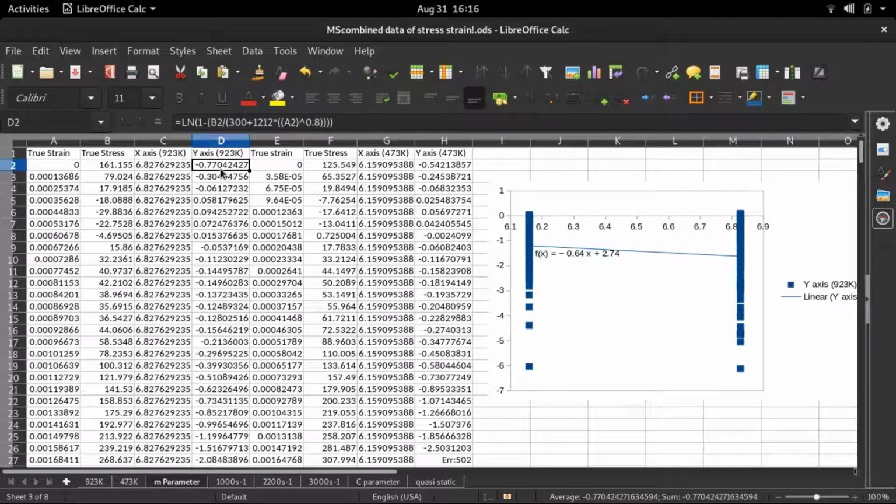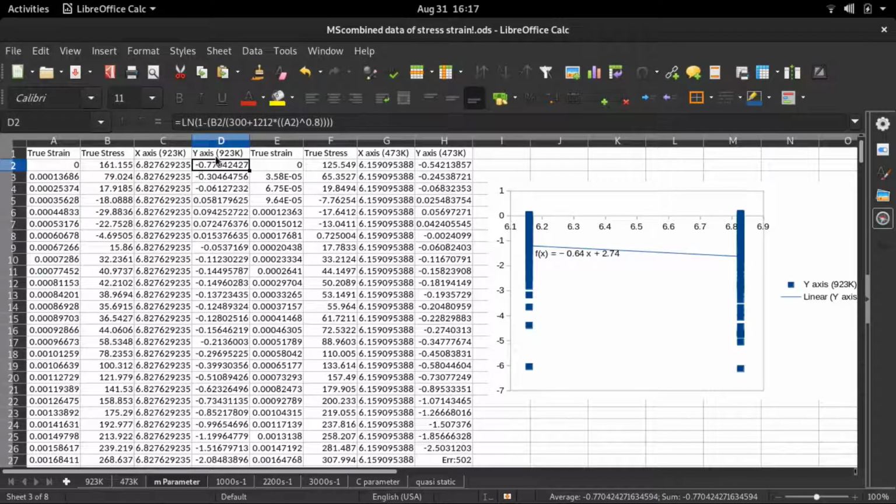And in the y-axis, how to calculate it, I have explained the formula to you. So accordingly you can put ln of (1 − B2), where B2 is nothing but your stress value divided by (A + B ε^n). Epsilon is the true strain value at that temperature, and the power of n. This A, B, n value we know, and the stress and strain values we have taken from here.